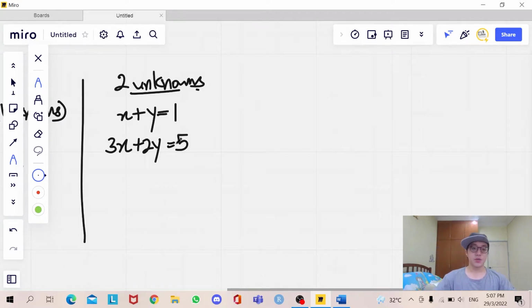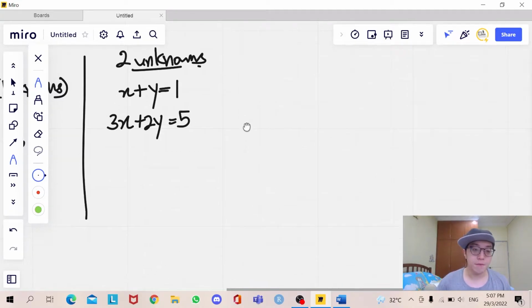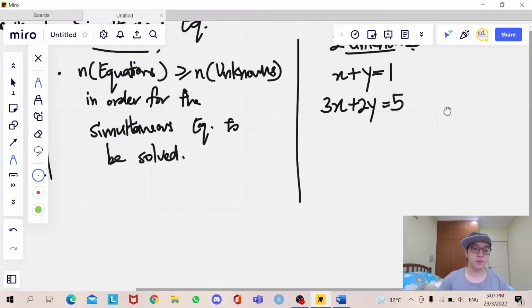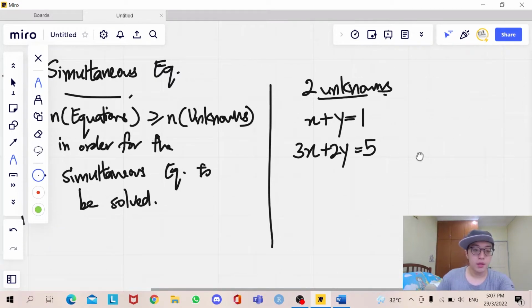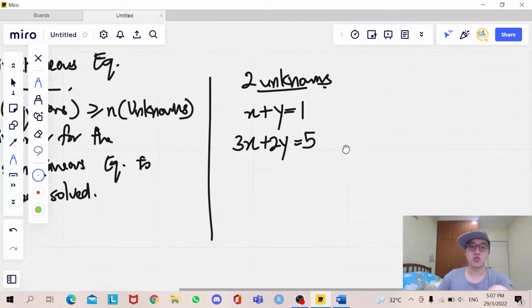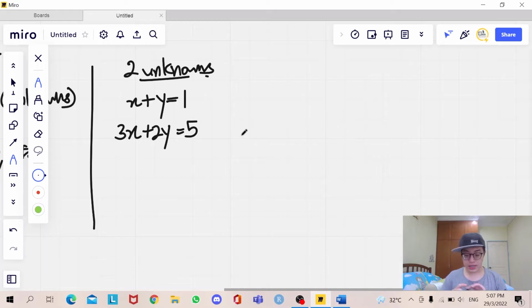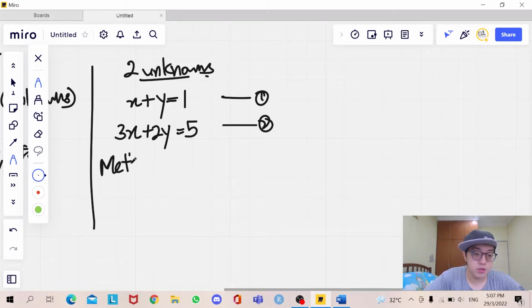From here, we're going to find out what x and y are because, as we know, if we have two unknowns, we need at least two equations. So the unknowns here are x and y. In order to start to solve a simultaneous equation, we got to name our equations 1 and 2. And then there are two methods to solve a simultaneous equation.